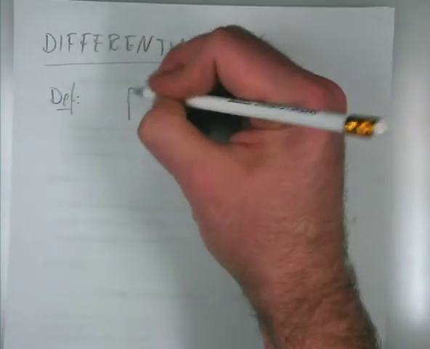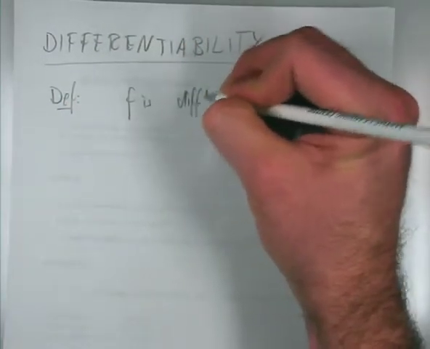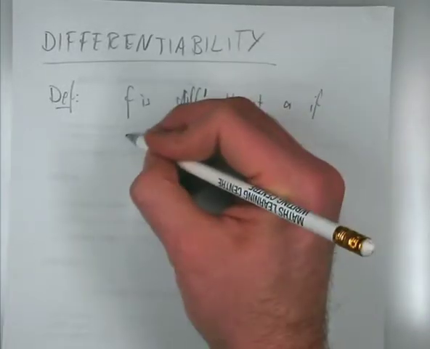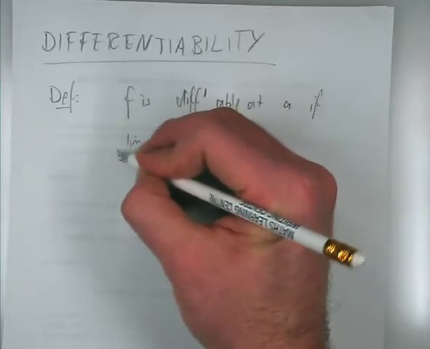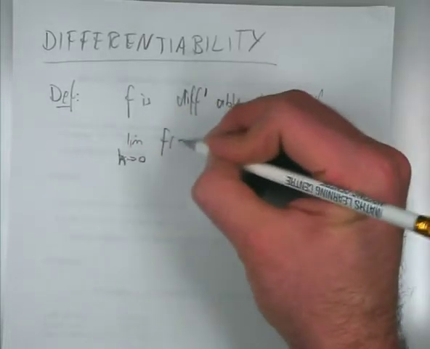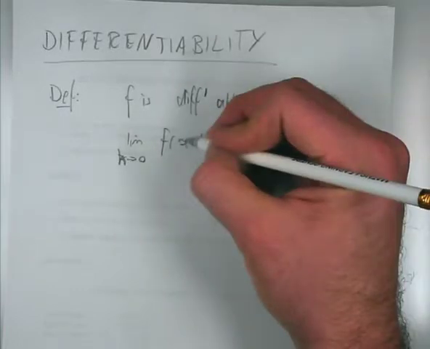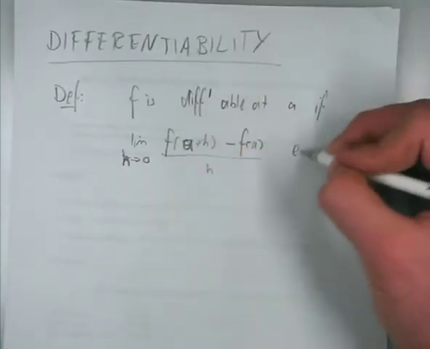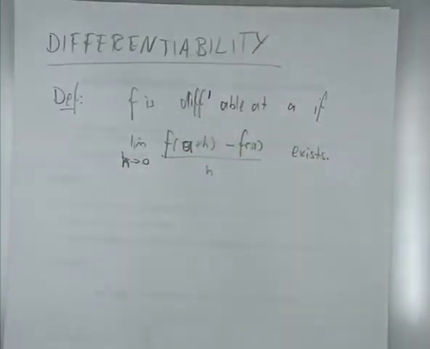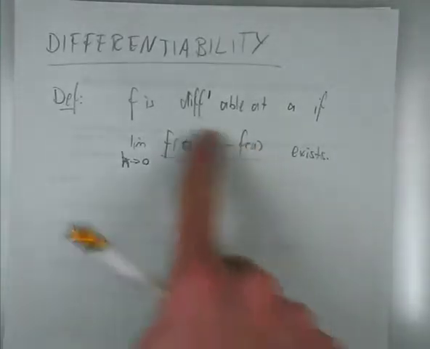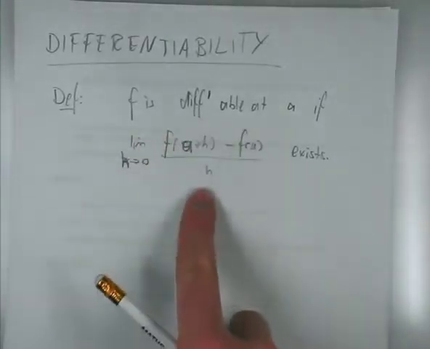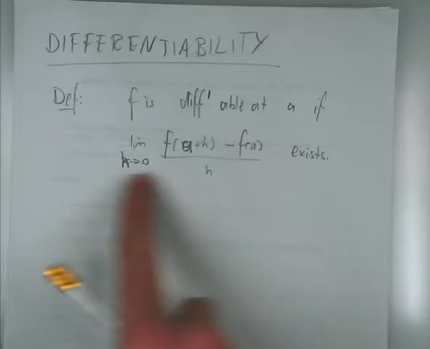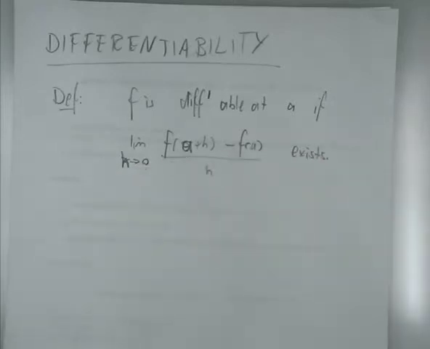Definition: f is differentiable at a if the limit as h approaches 0 of f of a plus h minus f of a over h exists. That's what differentiable means, because this is the definition of the derivative at that point. It's differentiable if the derivative exists, basically.